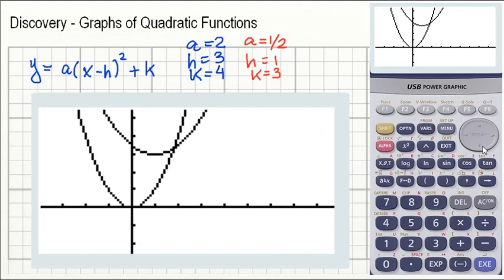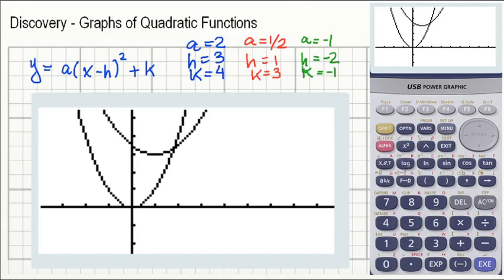Now, just one last thing. Let's put some negative numbers in here. So let's try a equals negative 1, h equals negative 2, and k equals negative 1. What would we expect to happen to this function?